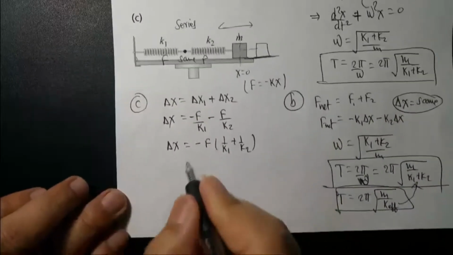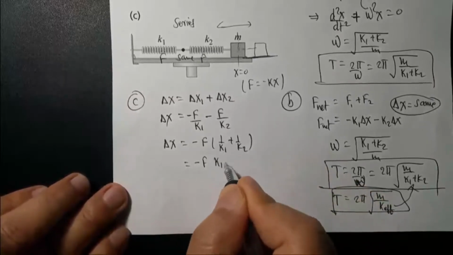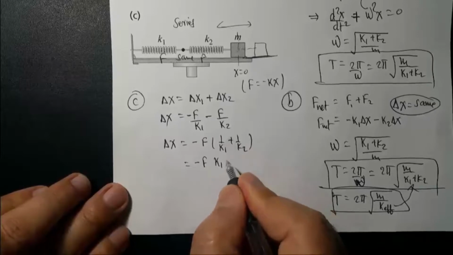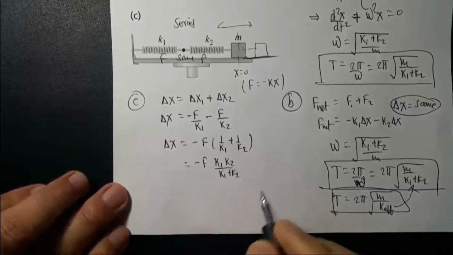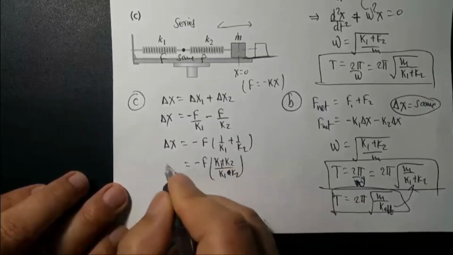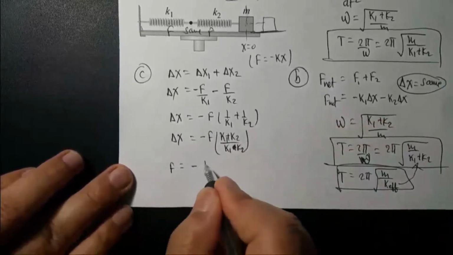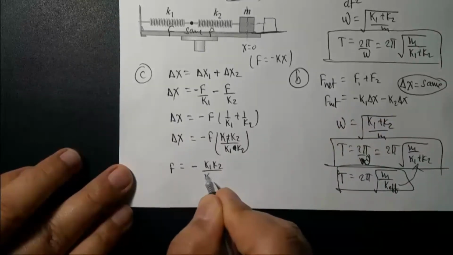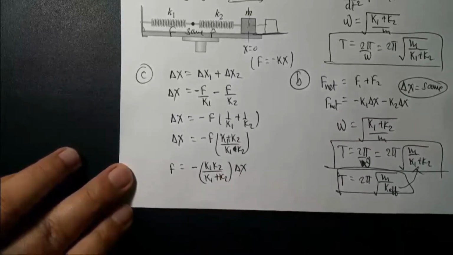This can be written like a parallel combination, k1 k2 over k1 plus k2. And then F is negative k1 k2 divided by k1 plus k2 times delta x.